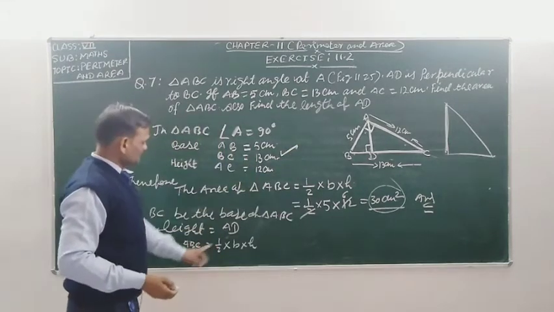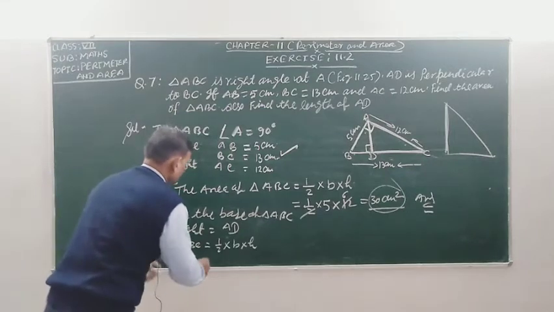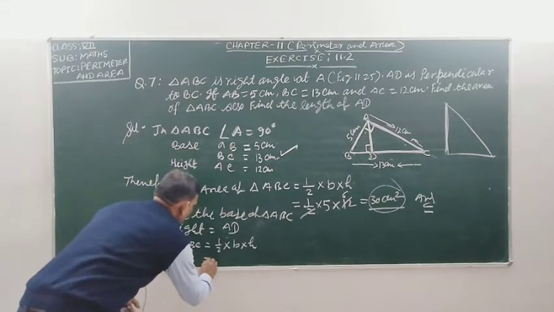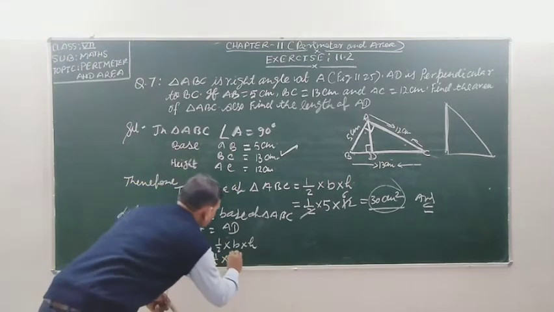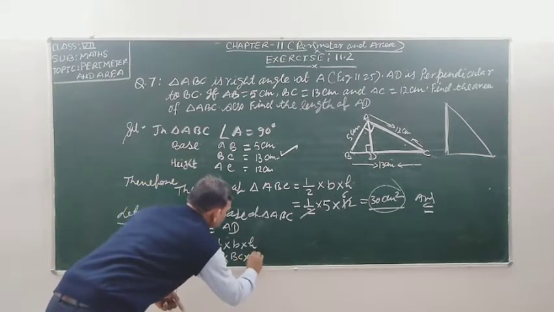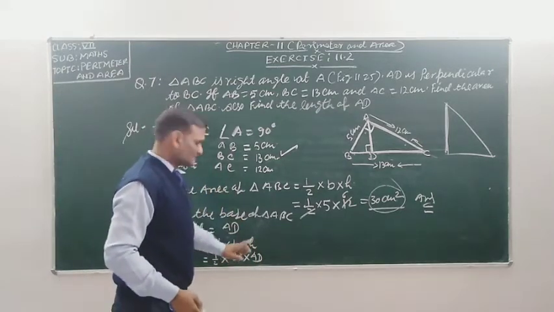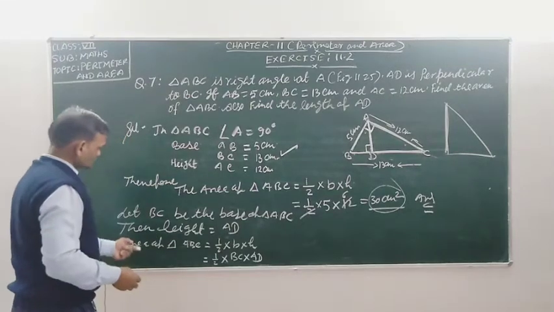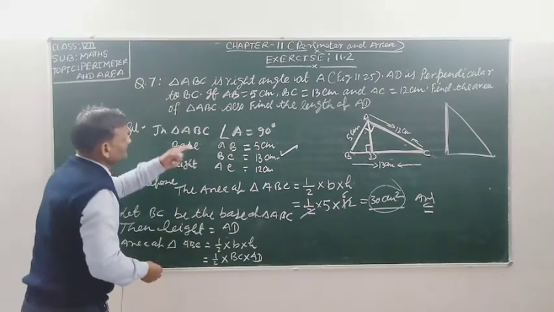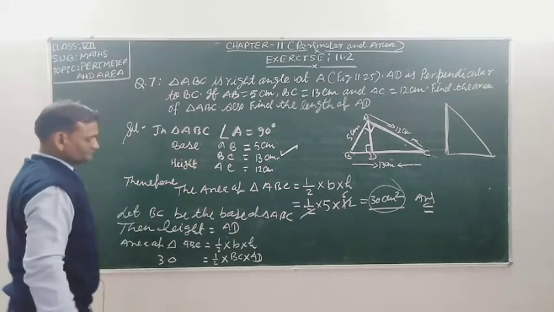BC 13 is given. So student, you can write 1/2 into base BC, height is AD, on the place of B and H. And the area of the triangle is given, 30 centimeter squared; you have already found 30.